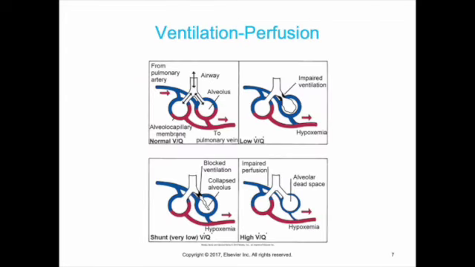So we're going to look at this for a second. We talked about ventilation and perfusion, or the VQ. When you are thinking about this, you want to think first about the amount of oxygen in inspired air. It's expressed as a percentage, the FiO2.